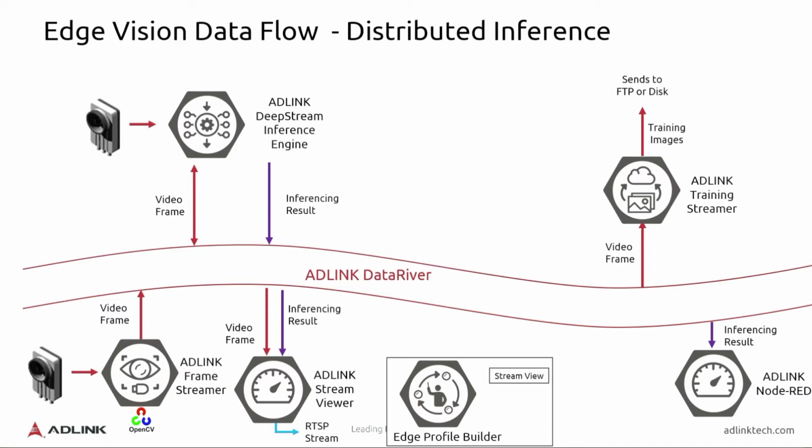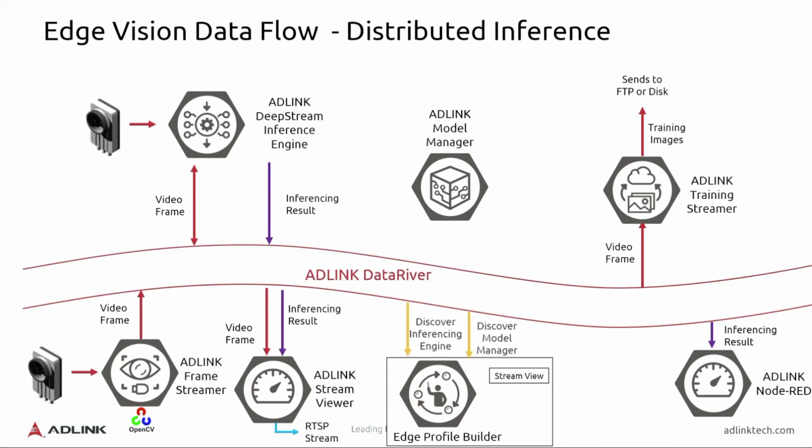Next, I introduce the ADLINK Model Manager. It's very important for us that once we capture the training images, we give the user the ability to add the model to our model manager at the edge and then choose to which inference engine and when that model gets applied. And again, we use Profile Builder.